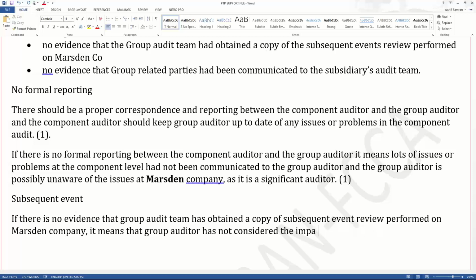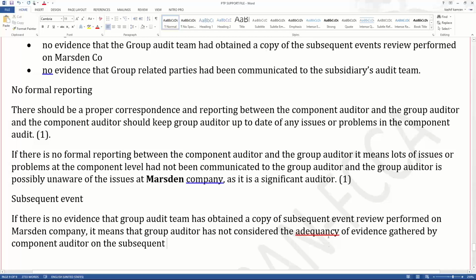The group auditor has not considered the adequacy of evidence gathered by the component auditor on the subsequent events. You should have reviewed them, right? You should have reviewed them as a group auditor, to know that the work performed by the component auditor on subsequent events is adequate.